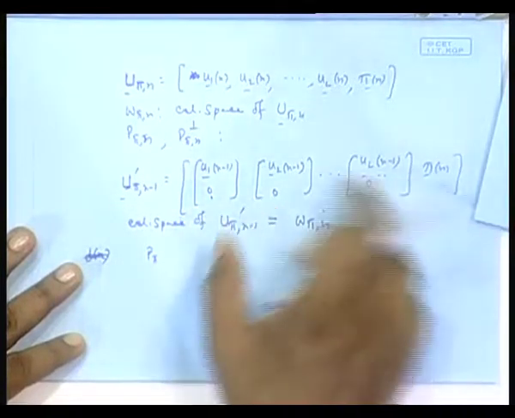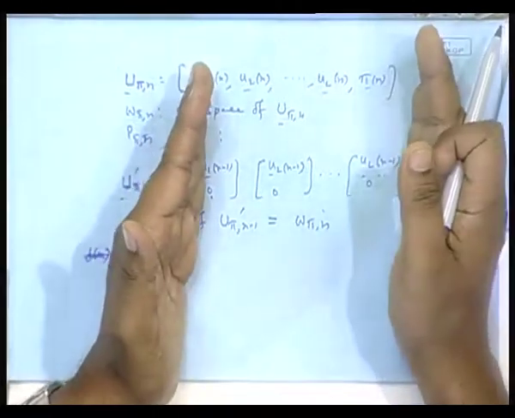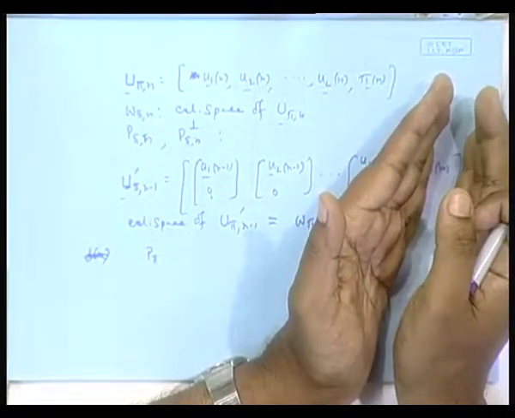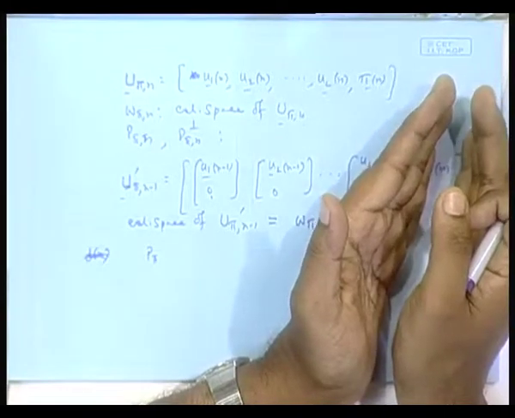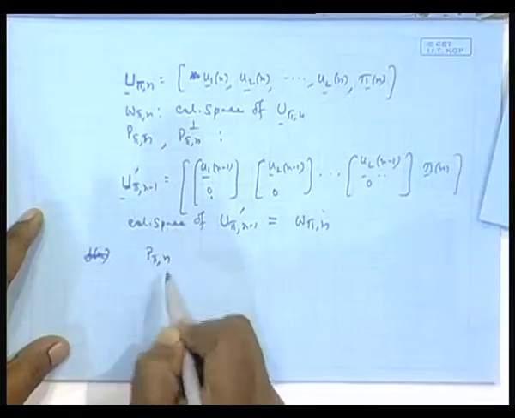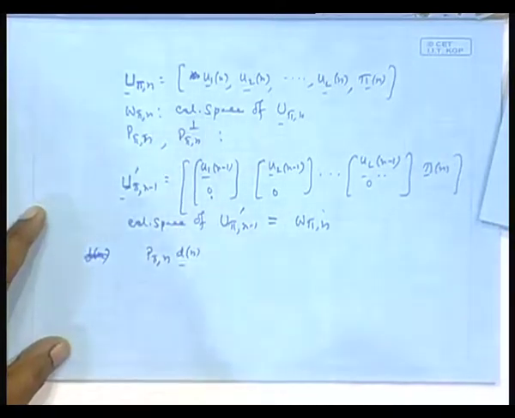Here, pi n is orthogonal to them. So, that means overall projection is what? The projection on the space spanned by this side plus the projection on pi n, isn't it? So, P pi n dn is what?